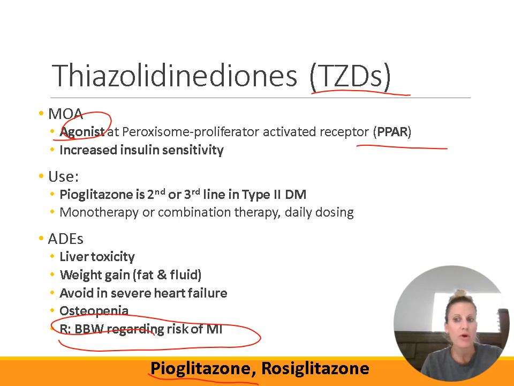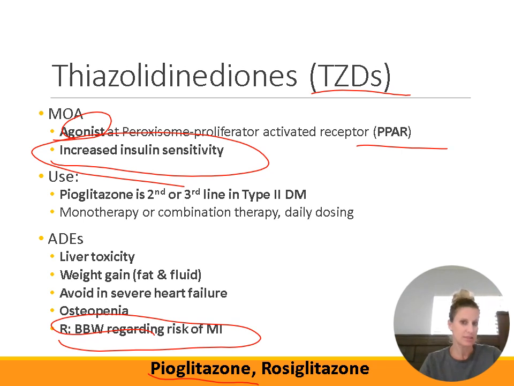So PPAR is a regulator of insulin sensitivity in adipose tissue, in the liver, in muscle, which are like the major areas where we have the insulin receptors. So these help to increase insulin sensitivity. So they're used in type 2 diabetes, where we have problems with insulin sensitivity.